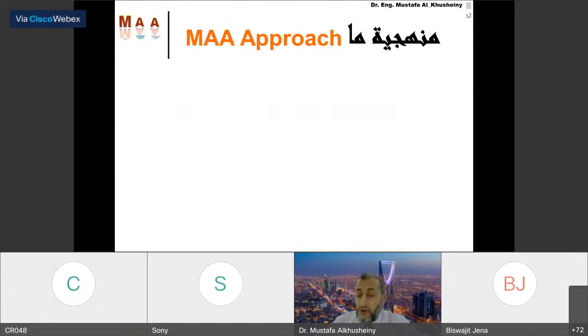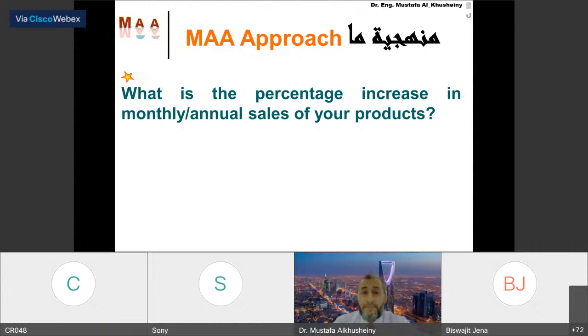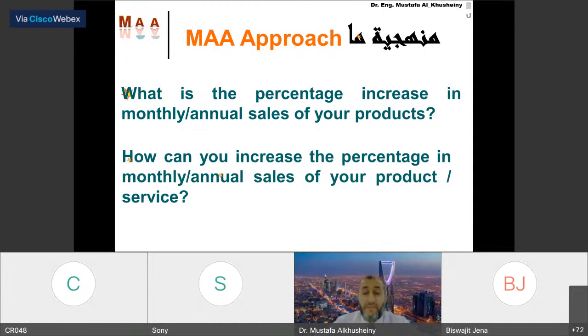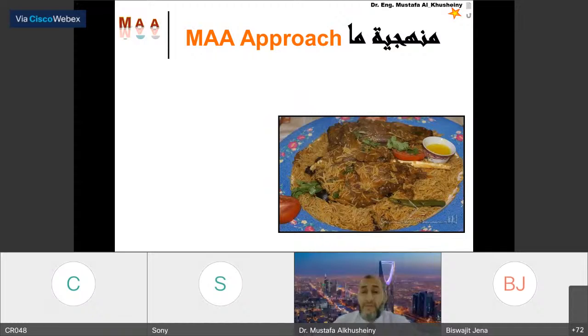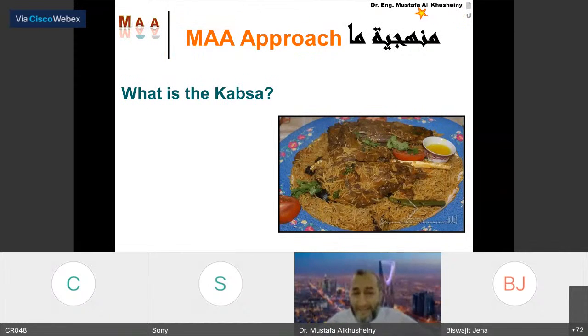In order to understand more, let us talk about a meal. Now your time is near lunch time. Here in Saudi Arabia, there is a very tasty meal called kabsa.